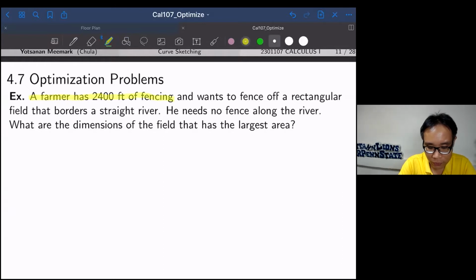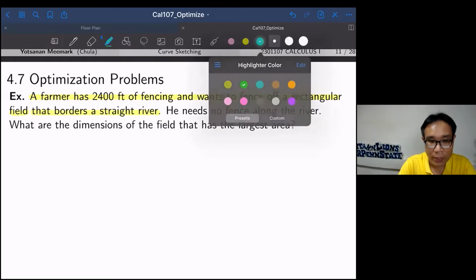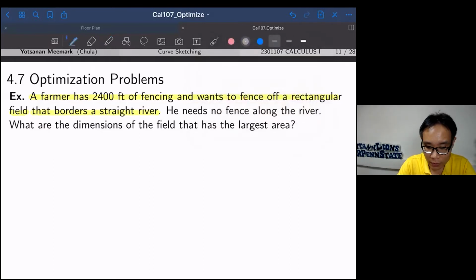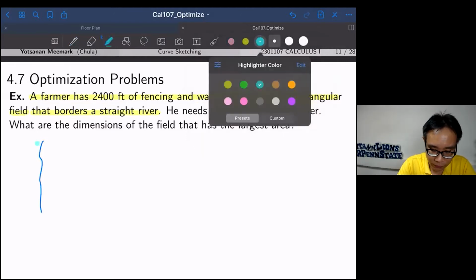2,400 feet of fencing and wants to fence off a rectangular field. Okay, so you'd like to have that border a straight river. So this is the first sentence, and what you can imagine is that you're going to have a straight river like this.